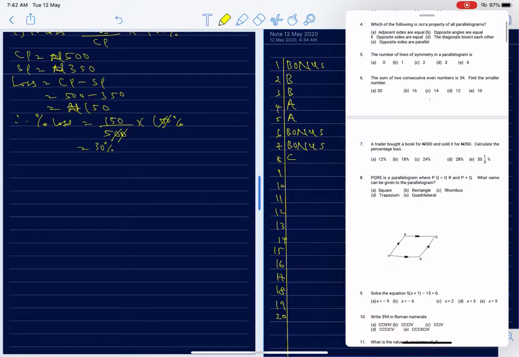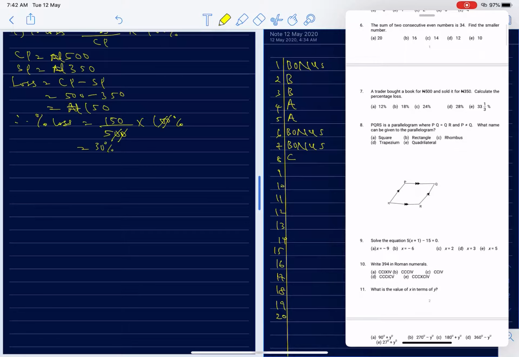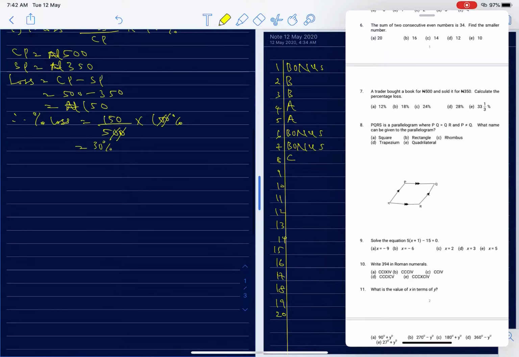Now, solve the equation 5 times x plus 1 minus 15 equals 0.